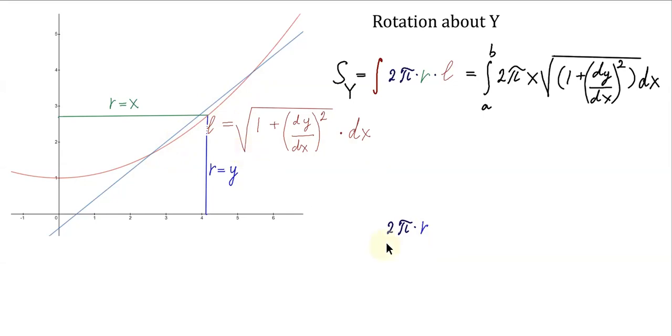So one more time, the circumference of rotation times the length of the piece of the curve, L, will give us the area of the surface of rotation. Which surface? Not the whole surface, but the surface that this small piece, small l, will cover, will paint in 3D space.